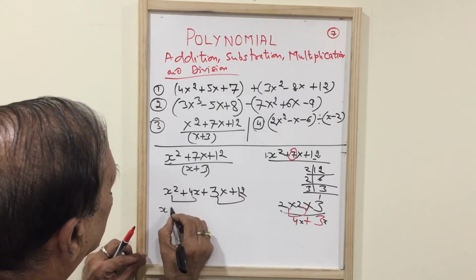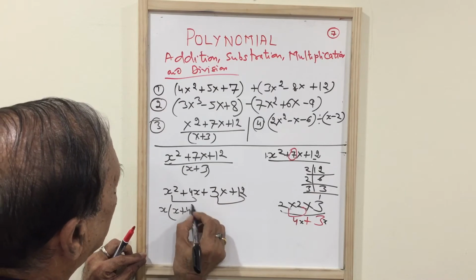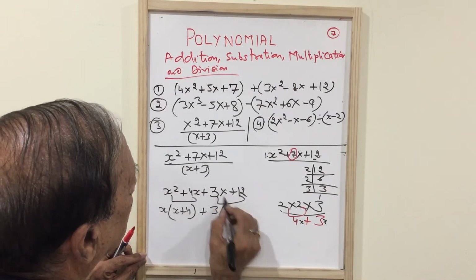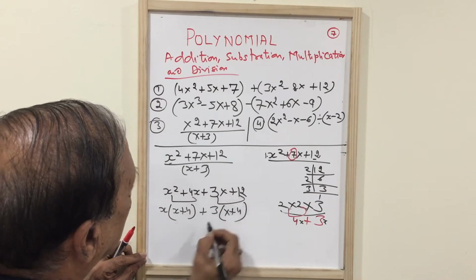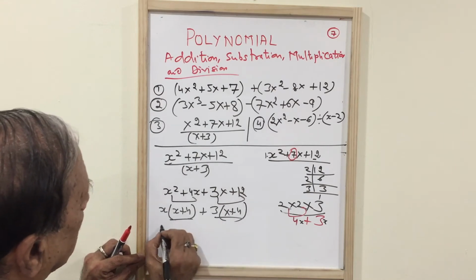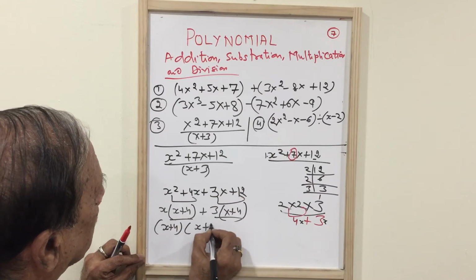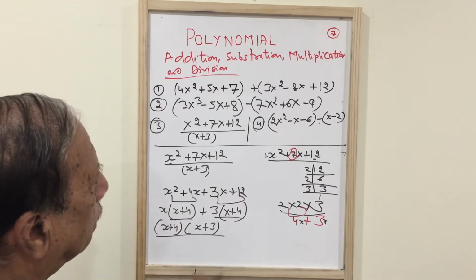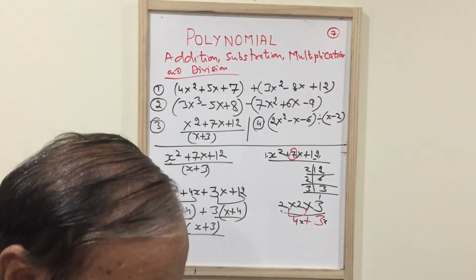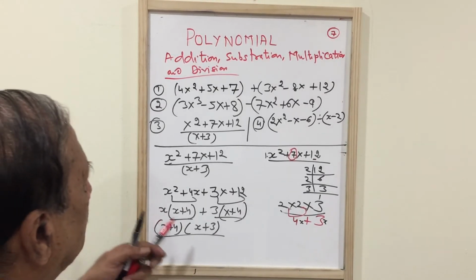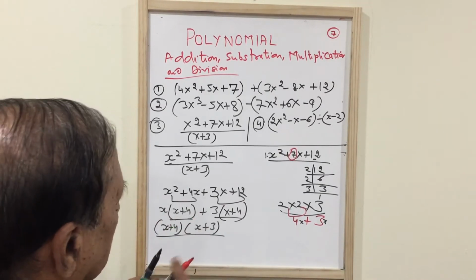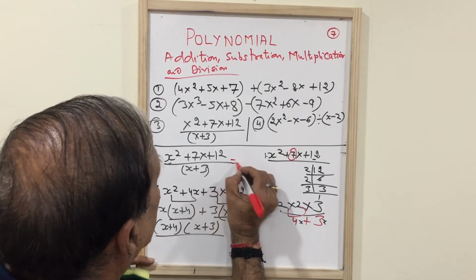We'll take x common from this, so x plus 4. We'll take 3 common from this, it will become x plus 4. From both we can take x plus 4 common, then it will become x plus 3. So this is the factor of this upper equation. So we'll put this value instead of this.